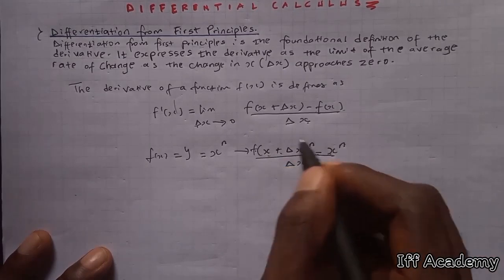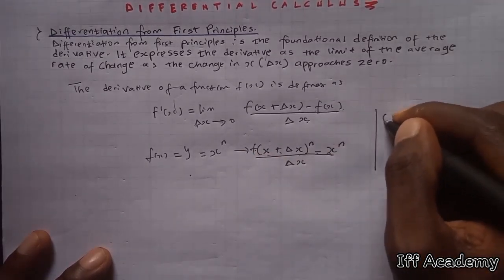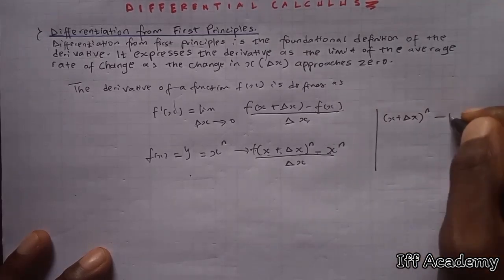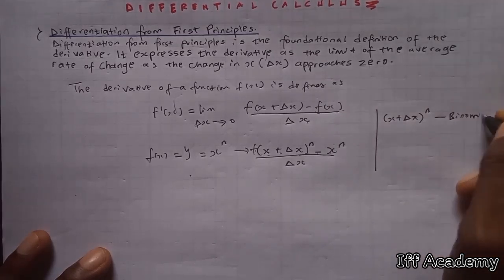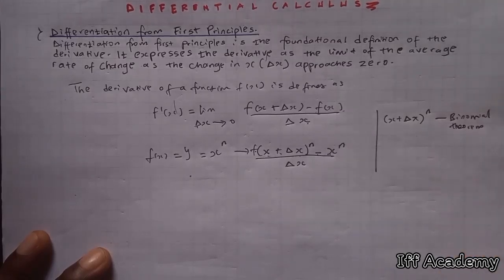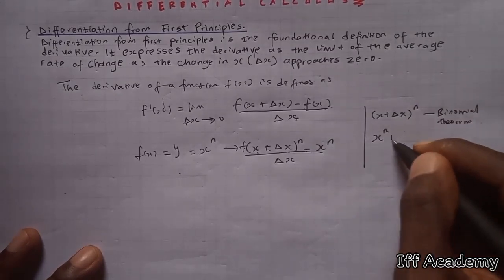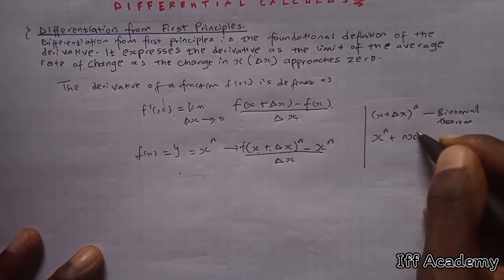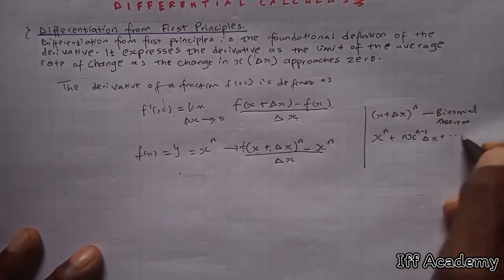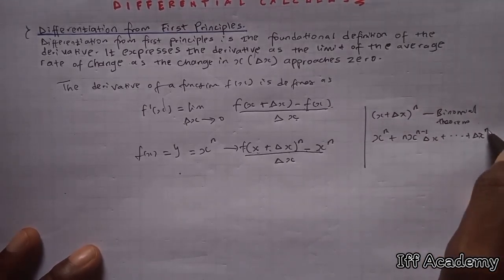Now, you have to expand this. If you were to expand x plus change in x raised to the power n using the binomial theorem, this is going to be x raised to the power n plus n x to the n minus 1 change in x plus and so on, up to change in x raised to the power n.